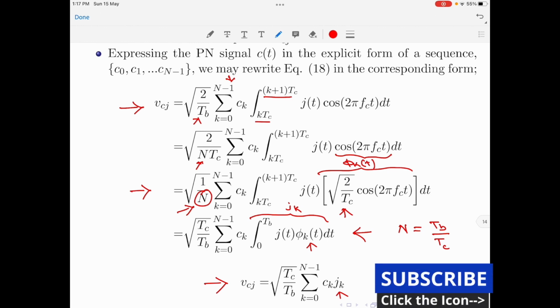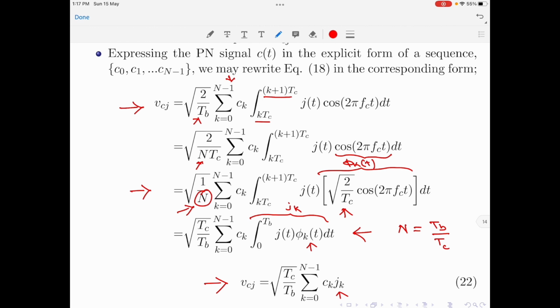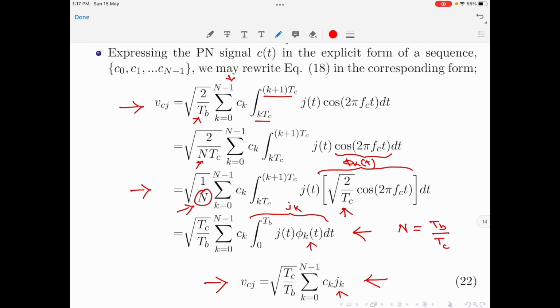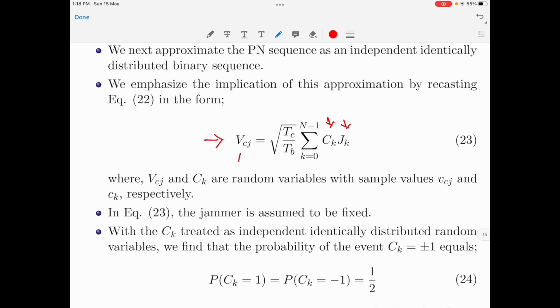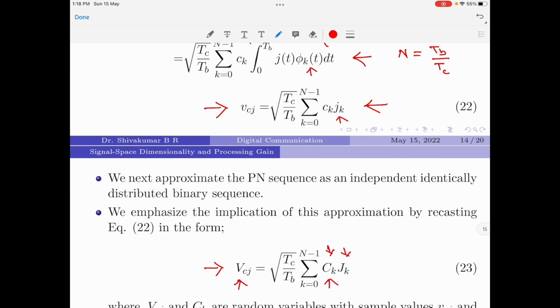Now, we will assume that the PN sequence generated is an independent, identically distributed binary sequence. So, I can now write this equation, which is written in terms of the sample values, as capital Vcj equals square root of Tc by Tb summation k varying from 0 to n minus 1 capital Ck followed by capital Jk. Please note that Vcj and Ck represent the random variables with sample values Vcj and Ck, which were shown in equation 22 previously.